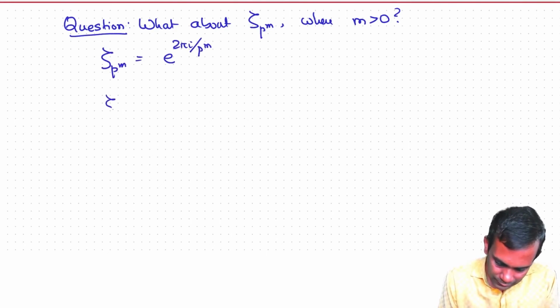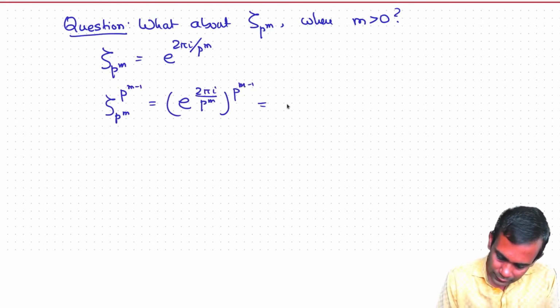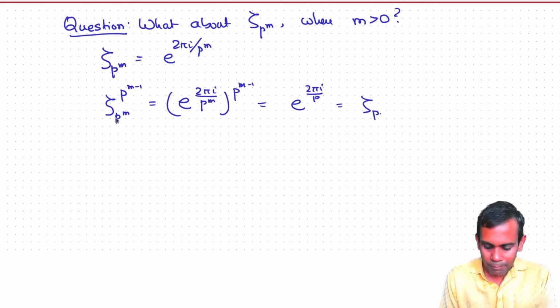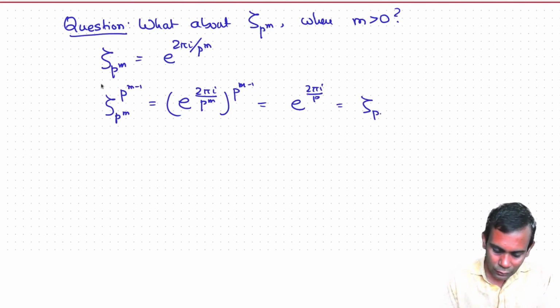What we have is that zeta p to the m, raised to the power p to the m minus 1, is e to the 2 pi i by p to the m, whole to the power p to the m minus 1, which is just e to the 2 pi i by p, which is just zeta p. So this will satisfy the irreducible polynomial for zeta p.